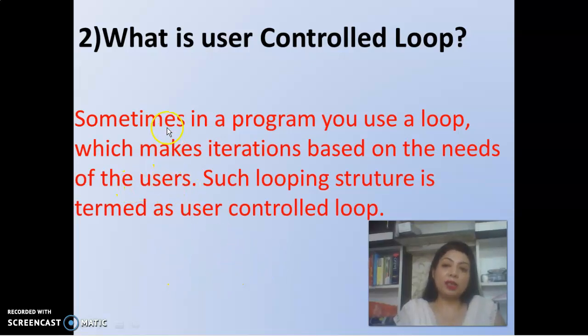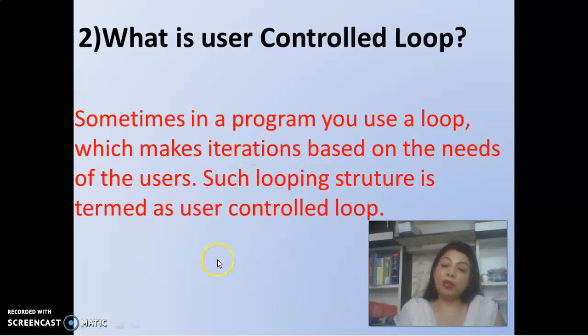You have a while loop or for loop, and at the end of the loop, before coming out from the loop, you ask a question: do you want to continue, yes or no? If you press yes or Y, then the loop will continue, otherwise no. So it is in the user's hand whether to continue the loop or not.